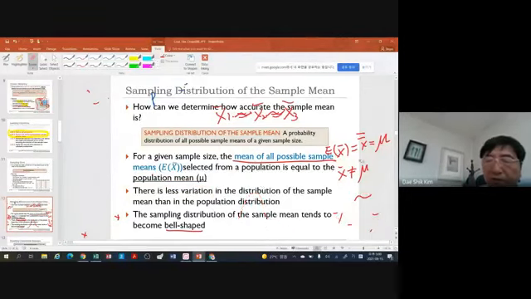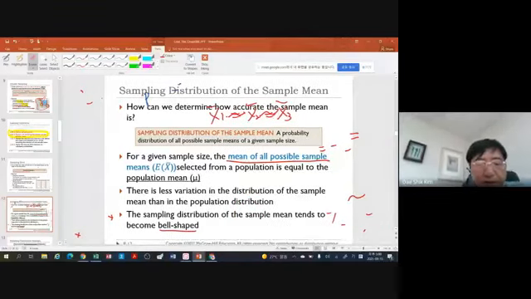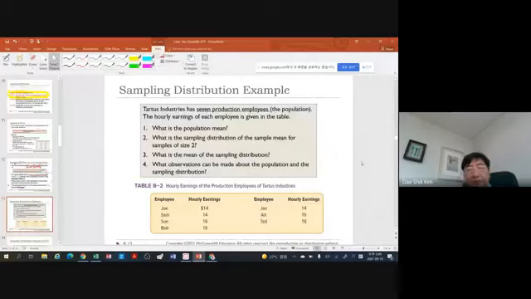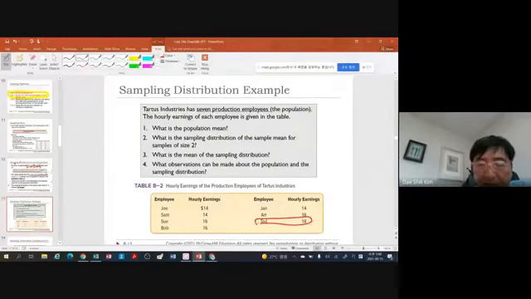You can learn it based on an example. Tata's industry has 7 production employees. The hourly earning for each employee is shown. Ted earns $18 per hour, maybe because of experience.